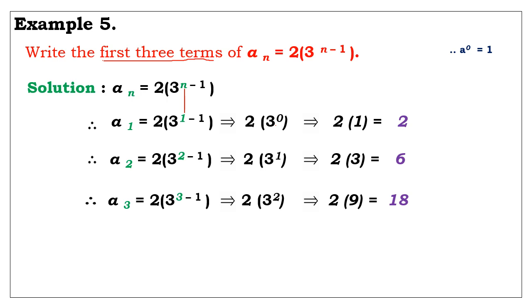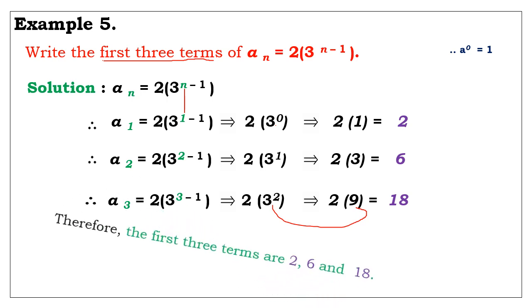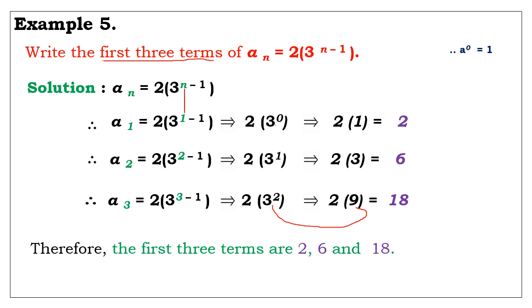Therefore 2 of 3 square. 3 square value is 9. 3 3s are 9. Now you multiply 2 and 9. 2 9s are 18. Therefore here the third term of the given sequence is 18. Therefore the first 3 terms are 2, 6 and 18.